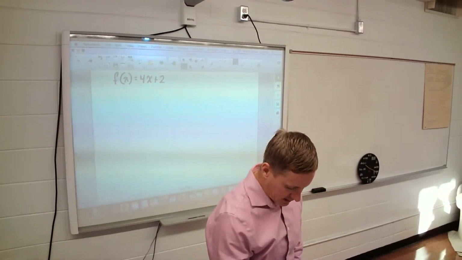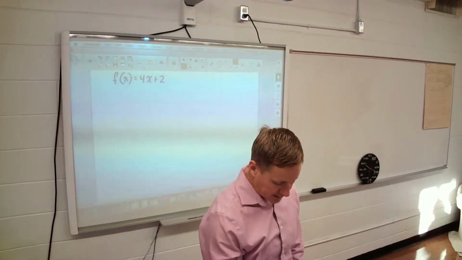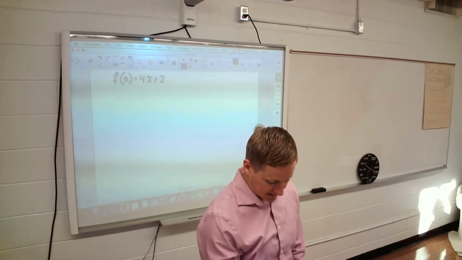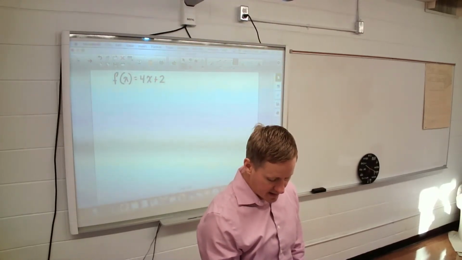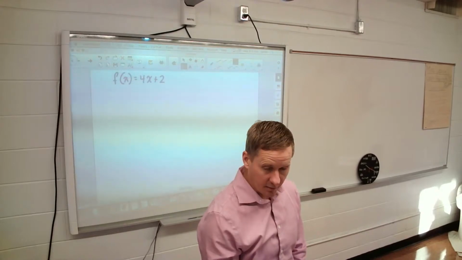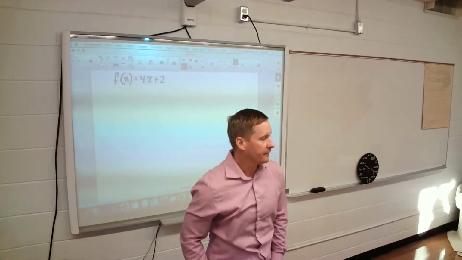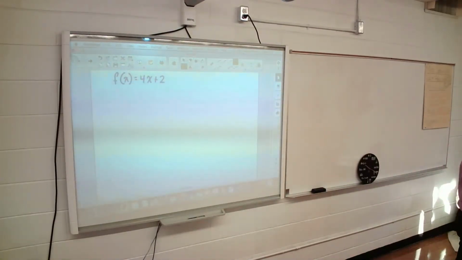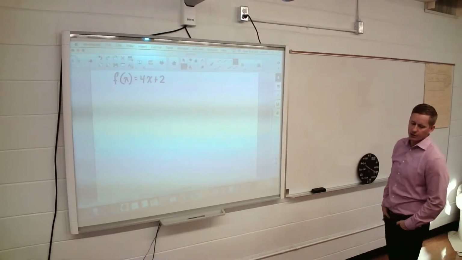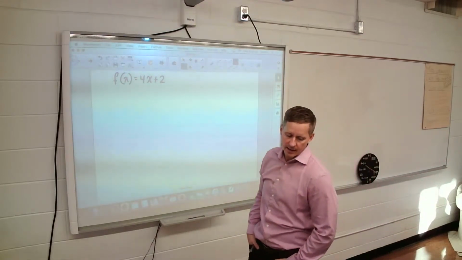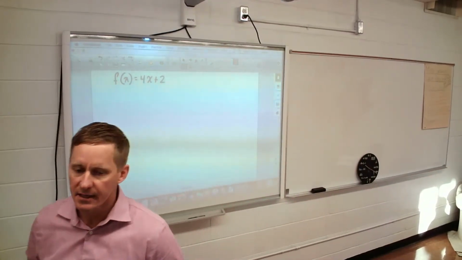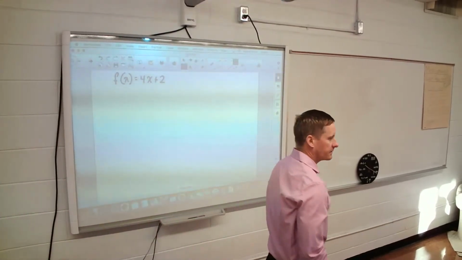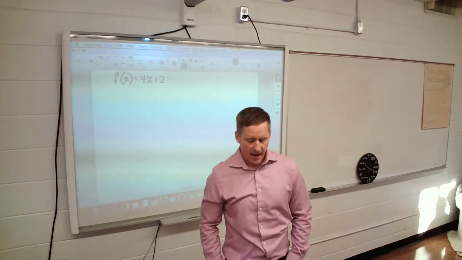In the margin there, in your descriptions of characteristics of the function, include number of x-intercepts, y-intercept, end behavior, domain, range, number of possible turning points. Okay, first things first. What's the degree of this equation? 1. What's the name of this equation? Linear. Number of x-intercepts? 1. Number of y-intercepts? 1. And end behavior?